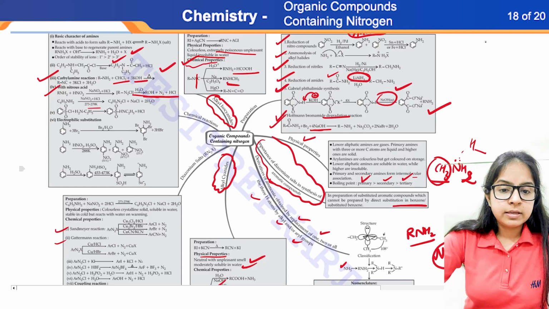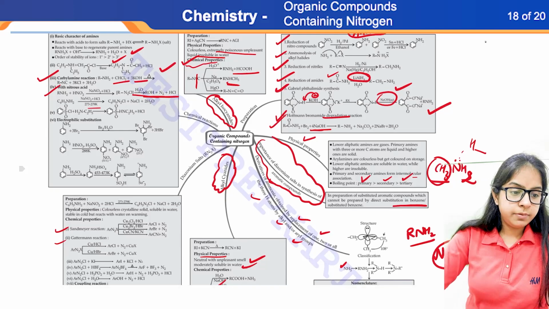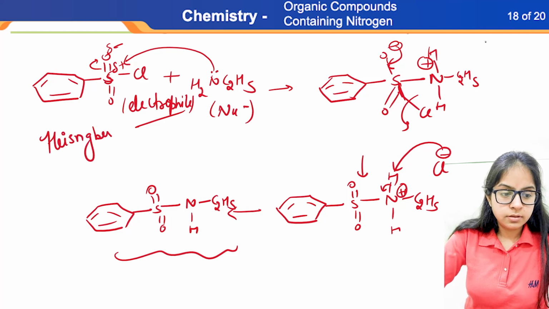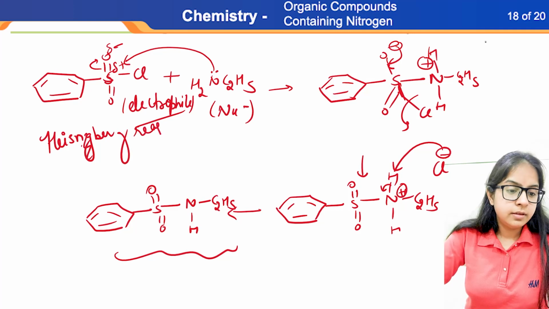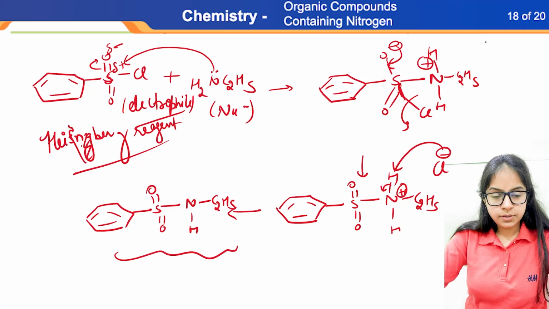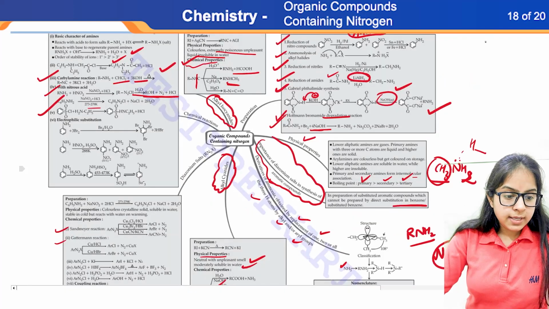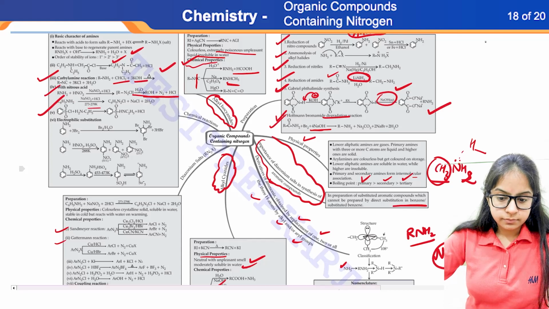So this is a Hinsberg reagent. Remember the name of this reagent, Hinsberg reagent. So this is an important reagent you need to remember. Now the next one is electrophilic substitution.